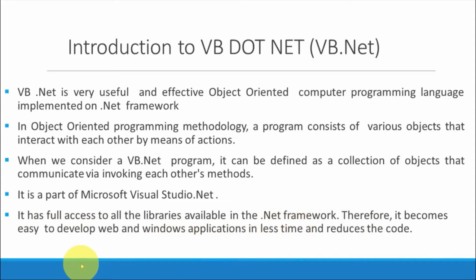So we can say that VB.NET is a high-level language which supports the OOPS concept, implemented on the .NET framework. Everything in VB is in the form of an object, and all objects inherit from the base class object. It has full access to all the libraries in the .NET framework.